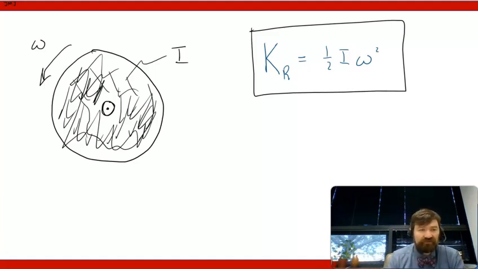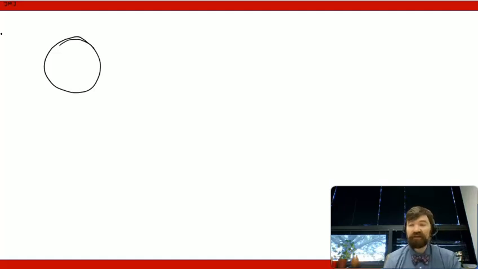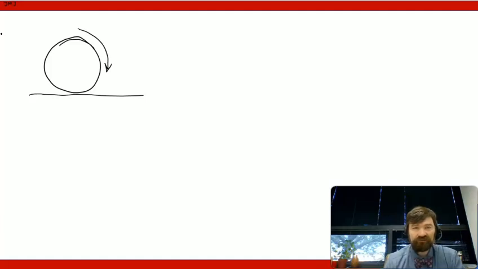And so now let's take this one step further and say, what if I have an object that is rolling without slipping? And this could be a wheel, it could be a can of soup, it could be a ball. Any of those things have a definable moment of inertia. So this thing is rolling with omega, here's r, and the whole thing has a center of mass motion, v center of mass.